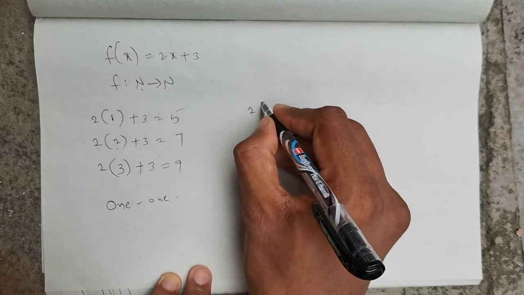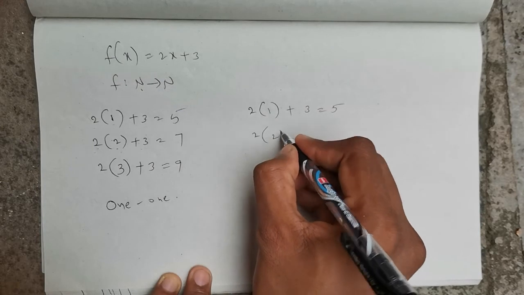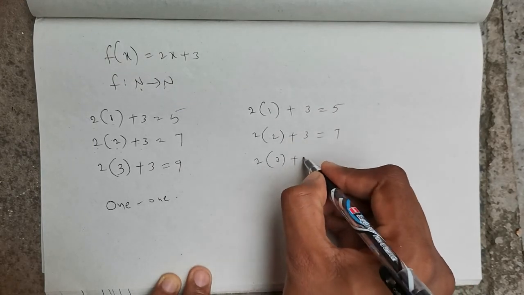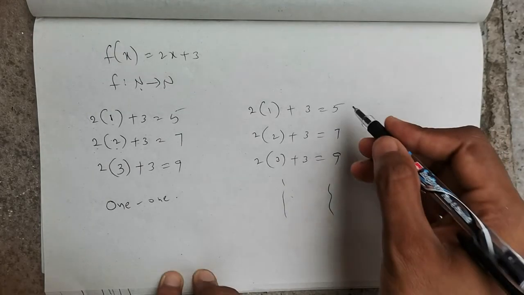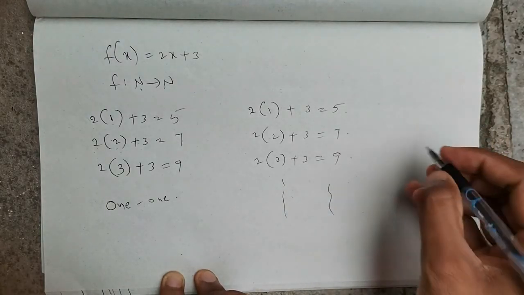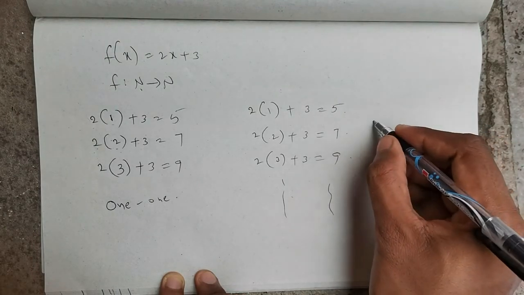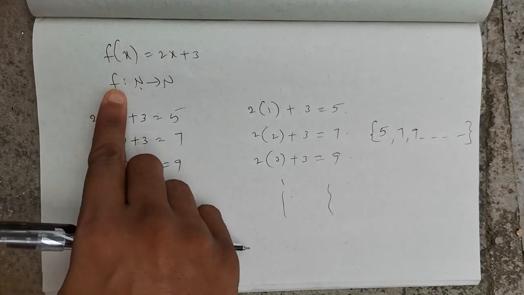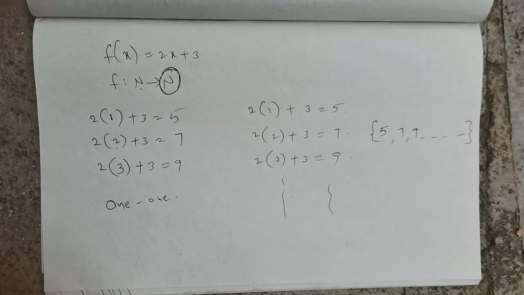Next, onto function. I am substituting 1. 2 ones are 2 plus 3, 5. Then 2 twos are 4 plus 3, 7. 2 threes are 6 plus 3, 9, and it continues. Now these 5, 7, 9 are all called the range. So range is 5, 7, 9, and so on. But codomain is the natural numbers.